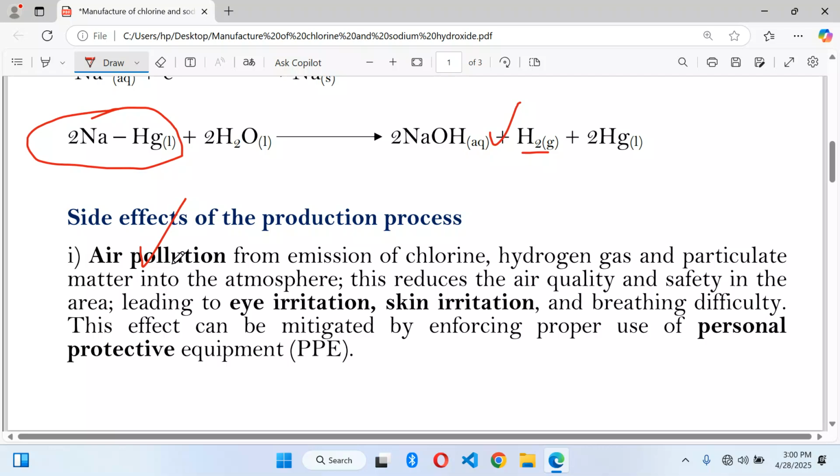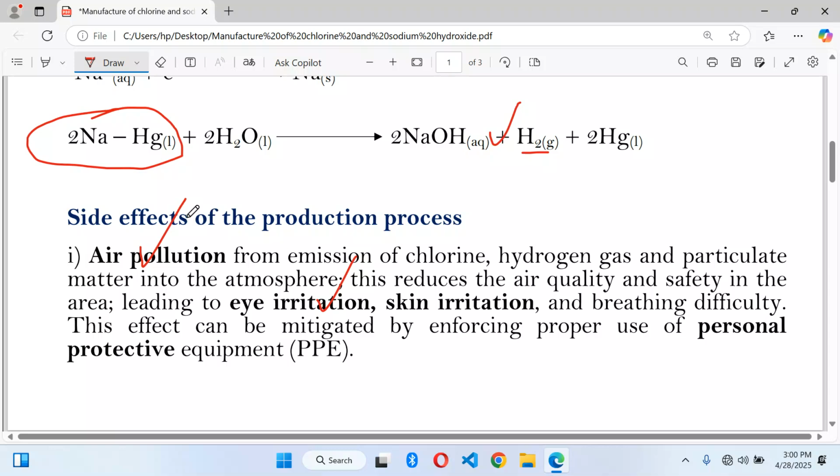When you talk about the danger, don't forget to tell us the effect of that danger. So the effect, air pollution leading to what? This air pollution can lead to eye irritation, skin irritation and even breathing difficulty. So that is another score.